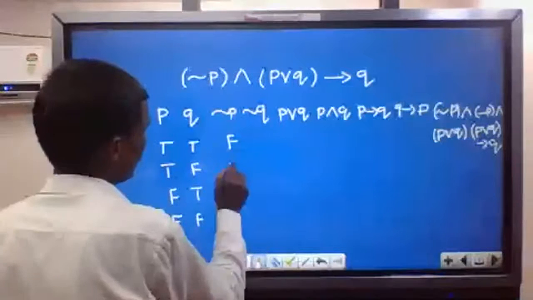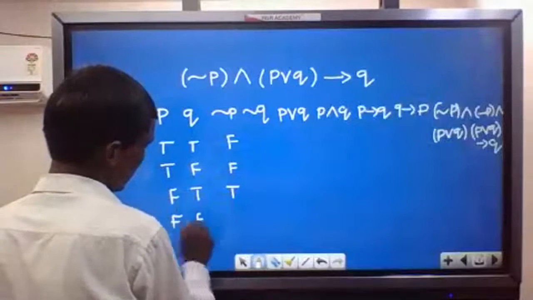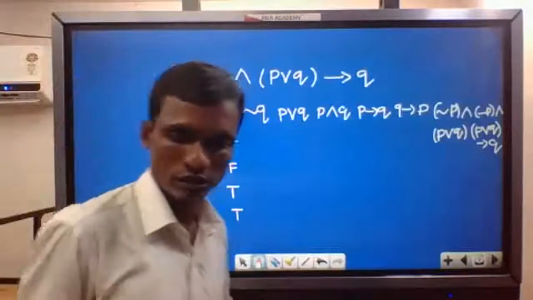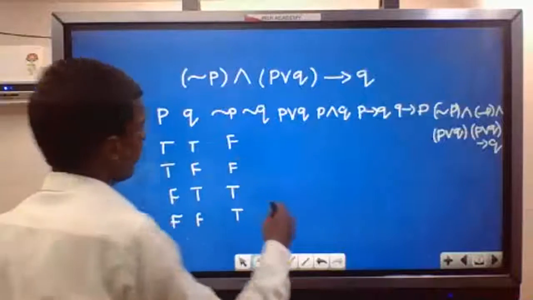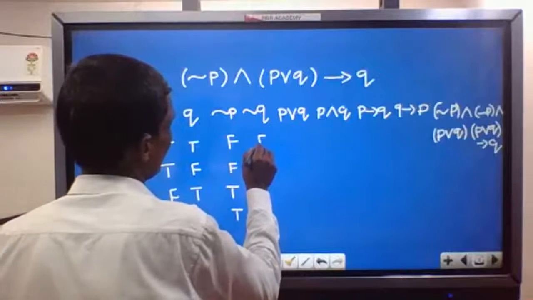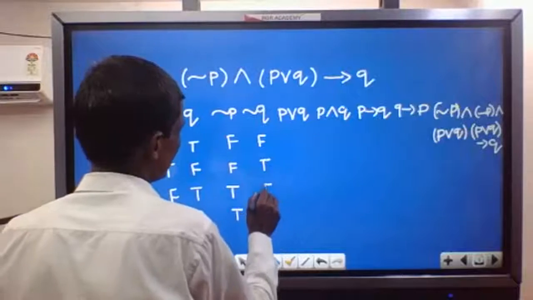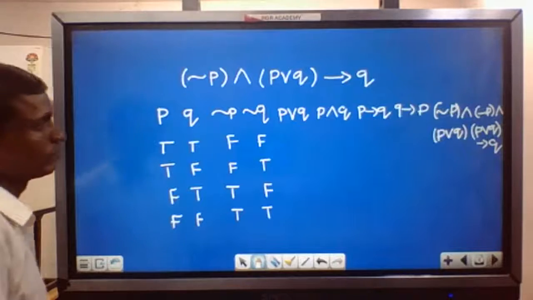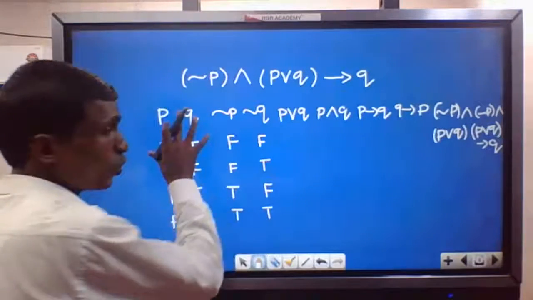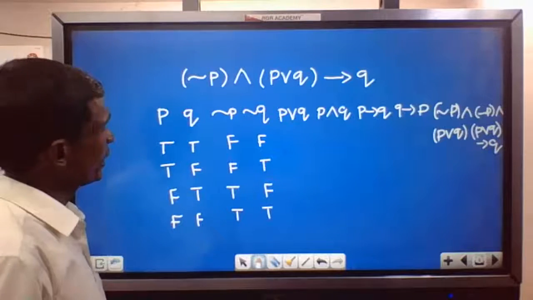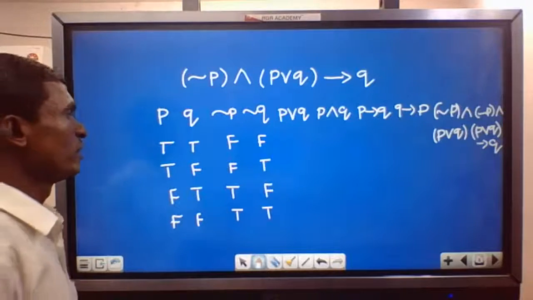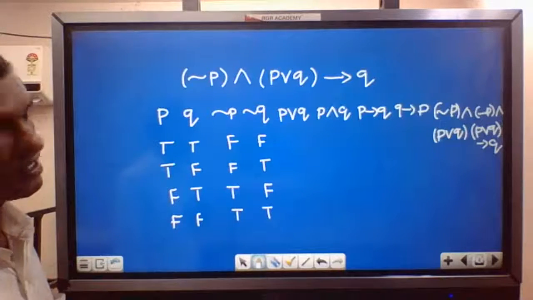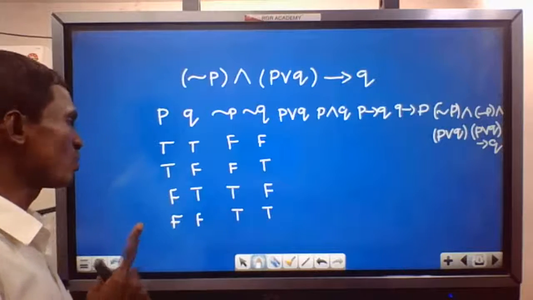False, false, true, true, because it is the negation of P. Next, the negation of Q: false, true, false, true. Here four inputs are given to check the tautology. Mainly P is T, T, F, F and Q is T, F, T, F.